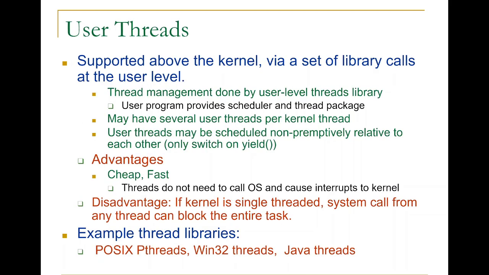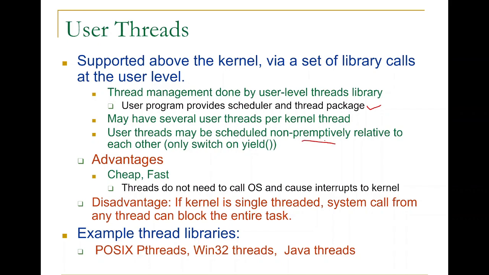Then user threads are supported above the kernel via a set of library calls at the user level. Thread management is done by the user level threads library. The user program provides a scheduler and thread package. You may have several user threads per kernel, and user threads may be scheduled non-preemptively relative to each other.